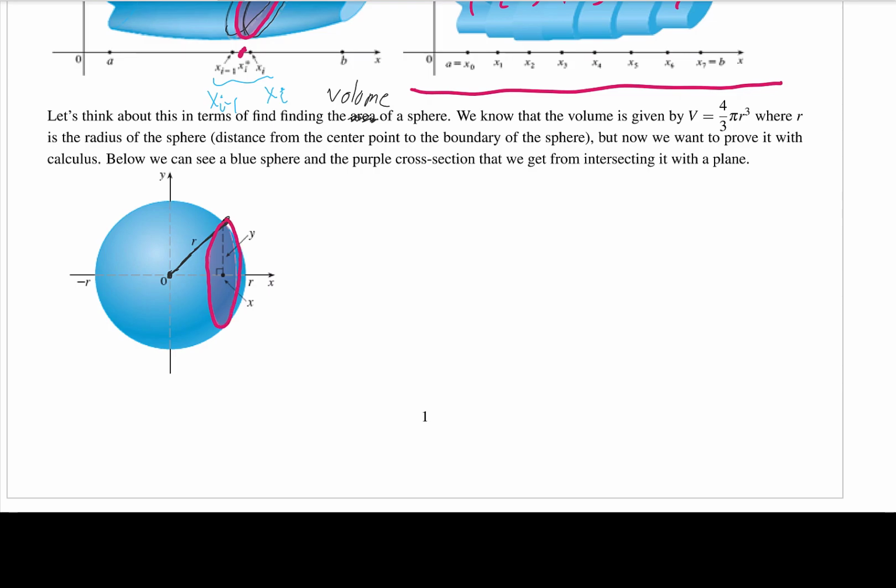Okay, so our cross section here is going to be a circle, and the radius of this circle is given by this line, right? Now, this right here is some point x comma y, which means that the length of this line is going to be equal to y.